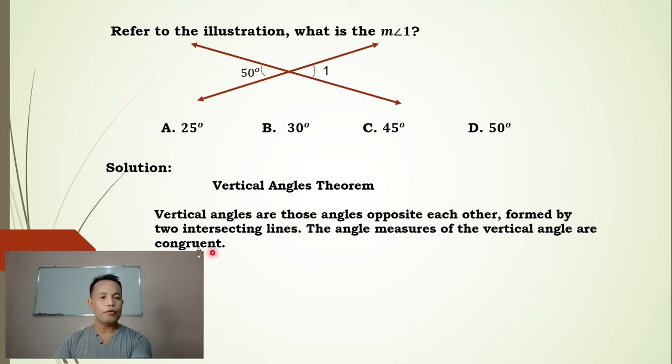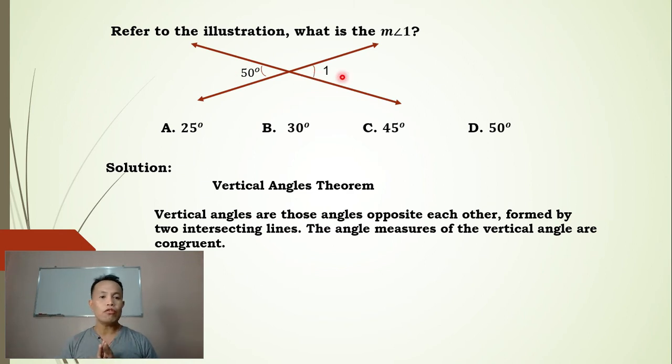They are formed by two intersecting lines, this is our first line and this is our second line. The measures of vertical angles are congruent.